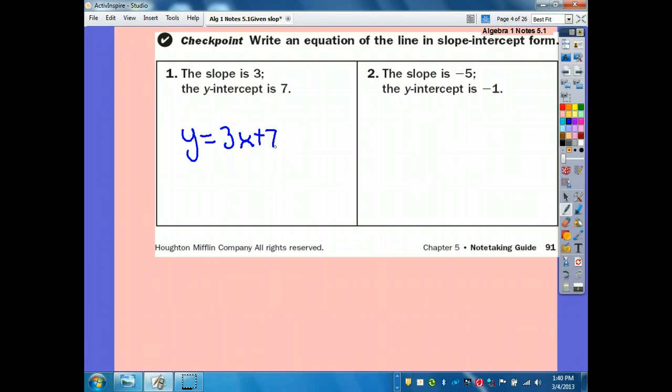Y equals 3x plus 7? Yes. All right, next one. Agree? Thank you much. Y equals a negative 5x minus 1. Simple. Again, that's the top of your worksheet.